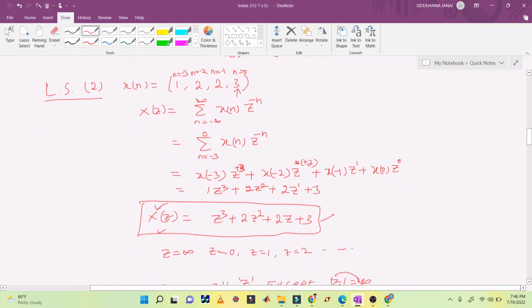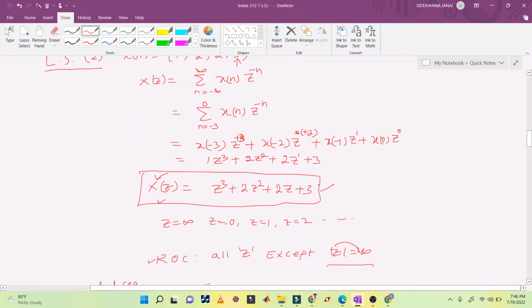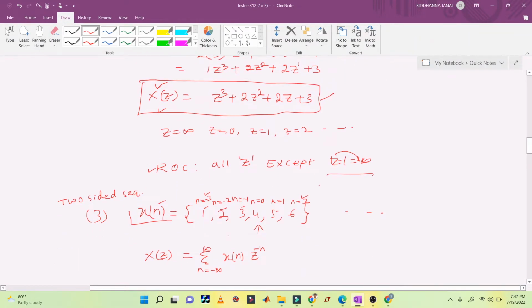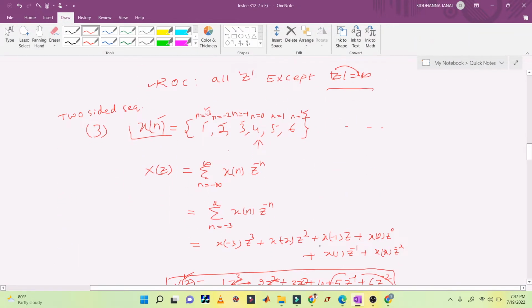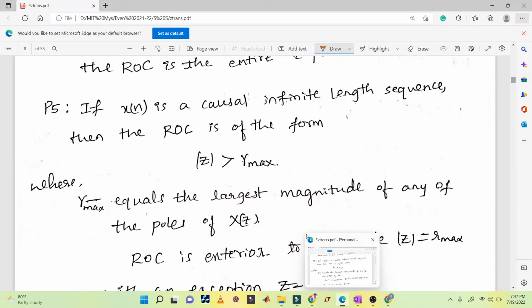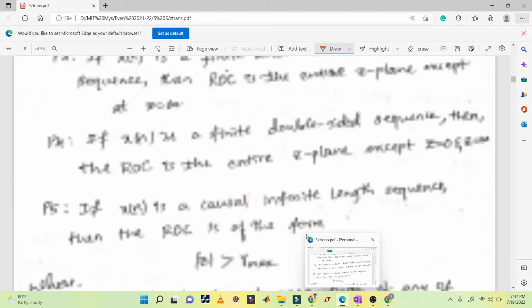For a left-sided sequence or non-causal sequence, at z is equal to infinity X of z does not exist, other values are fine, we said. So that is what is indicated again here. Okay, all the things whatever we are considering here are finite. Remember that finite values, there is no infinity in the properties discussed so far.